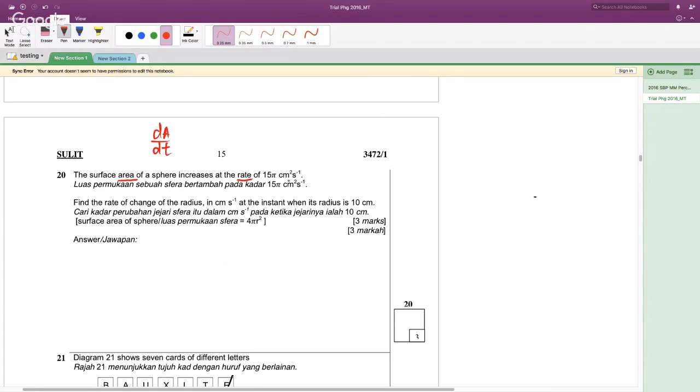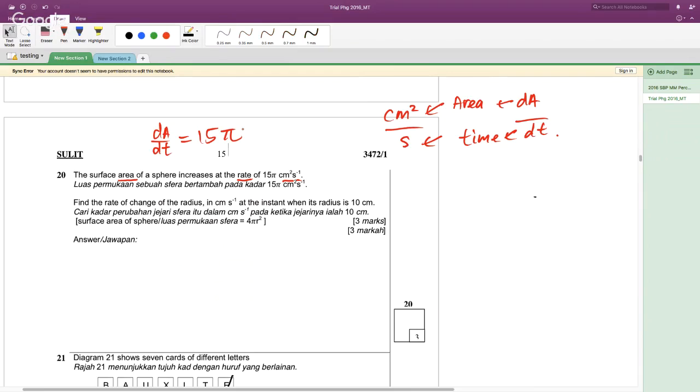Do you see this? Here is cm squared per second. Cm squared is for area. Per second means over time, isn't it? So area means dA. Over time means over dt. So this is how I get dA dt equals 15 pi.